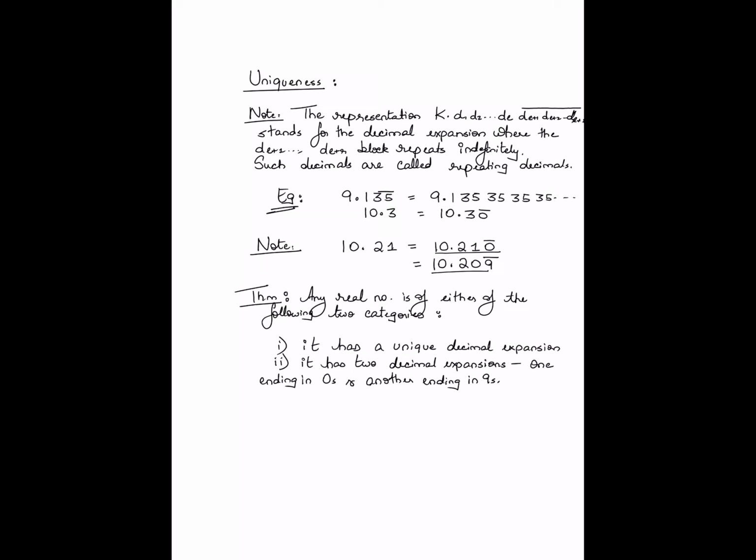Finally, I want to make a quick comment on rationals and irrationals. This has to do with what differentiates the decimal expansions of rationals and irrationals. And here the main result is essentially that a real number is rational if and only if it has a repeating decimal expansion.